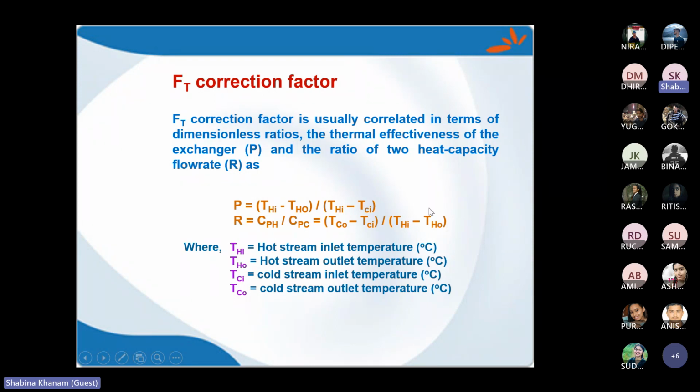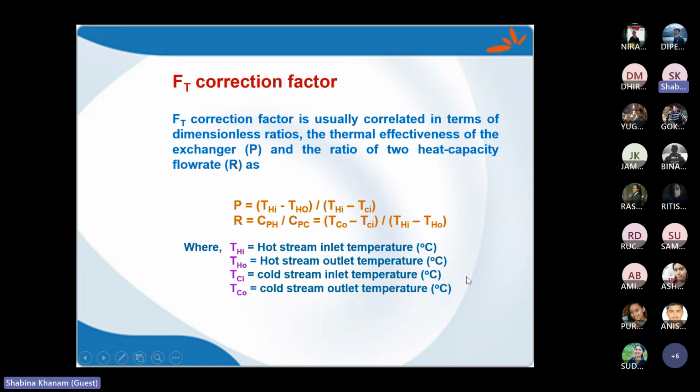It means whatever is available in the denominator should be in the numerator in P. That is the combination of this P and R. Okay, don't get confused. If you are using this, you cannot reverse it. Whatever is available in the numerator in P, the same term will be available in the denominator of R. Okay, I hope you are getting my point.